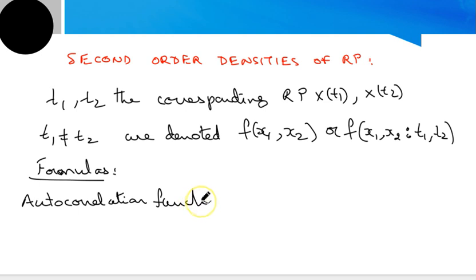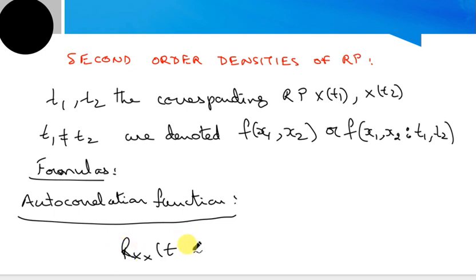The autocorrelation function of a real process is two-dimensional, and we have Rxx of t1 comma t2 equals the expectation of x of t1 into x of t2. This function is an even function. If we delve deep into properties, it has some significant four to five properties.